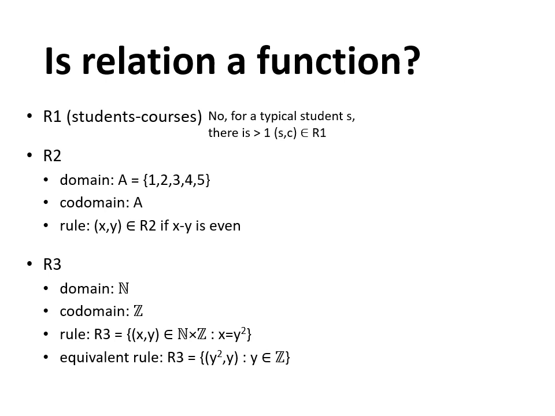So there are many students that will be mapped to multiple courses, and that violates the requirement for a relation to be a function. Then another example: domain is 1, 2, 3, 4, 5. Codomain is the same, and the rule is (x, y) is an element of R2 if x minus y is even.